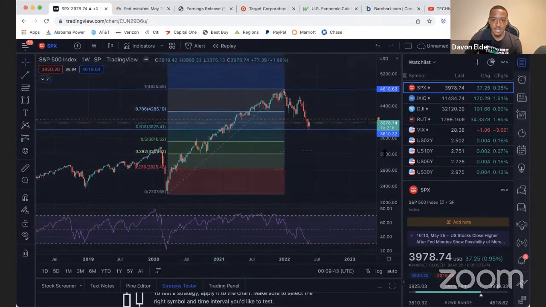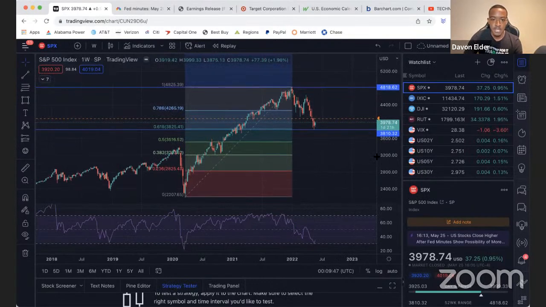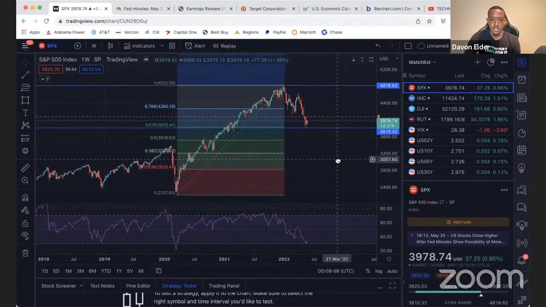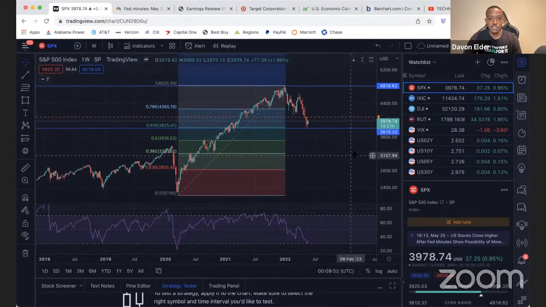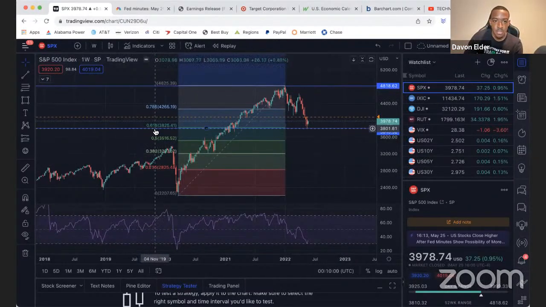Now, why is this important? And number one, why do I say that this could possibly be the bottom? Because there's some key levels you want to look at in terms of entering stocks and entering positions. Okay, so there are Fibonacci levels. So you got the 0.618, the 0.5, and the 0.382.